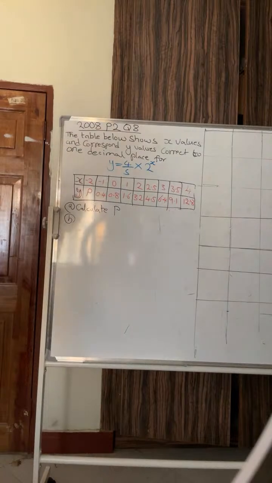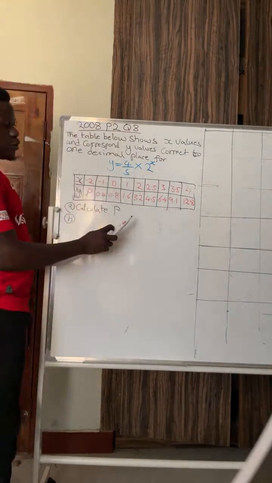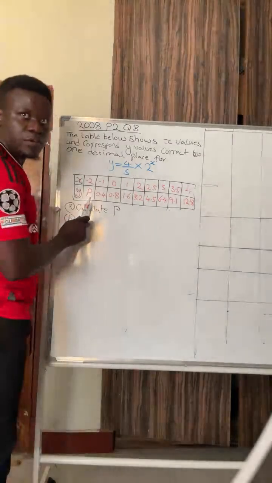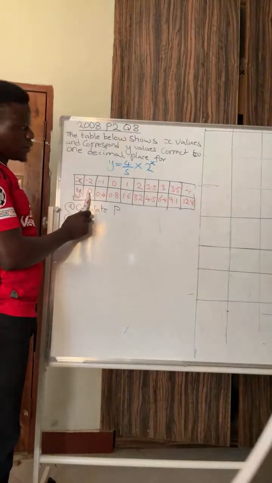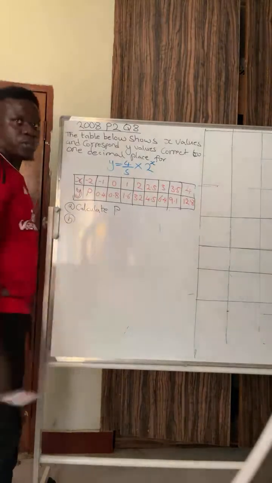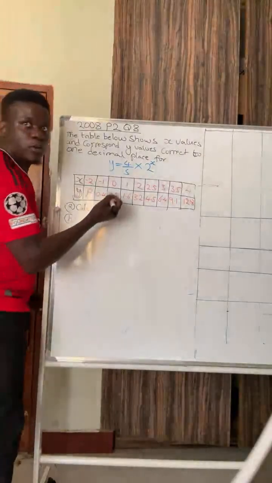So the question goes: calculate the value of P. If you watch clearly, there's a P here. How do you calculate the value of P?